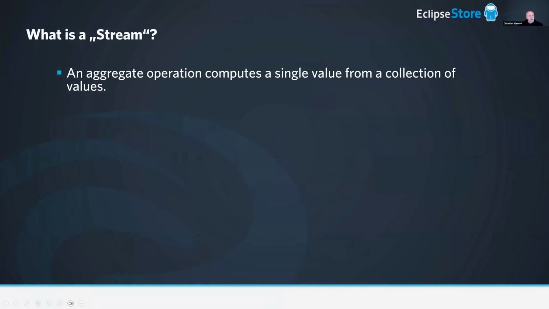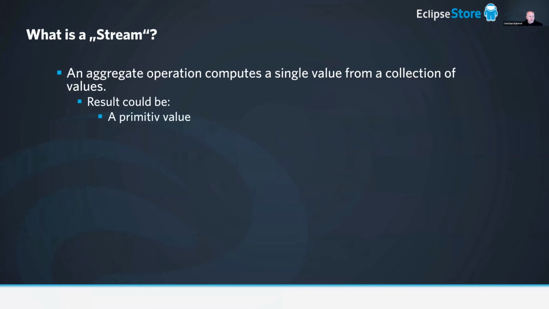So the basic definition of a stream, and in our product, streams are kind of like SQL. A stream could be an aggregate operation to compute a single value from a collection of values. So that's the definition.